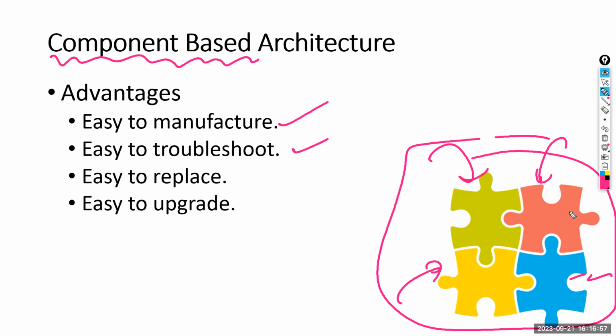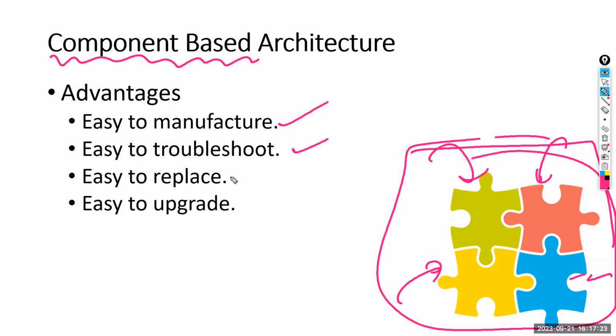When you have an issue with your computer, it's very easy to say, okay, your issue is with the hard disk, or with your RAM. That is why, if you take a computer to a hardware shop, they will troubleshoot and even fix it within a few minutes.